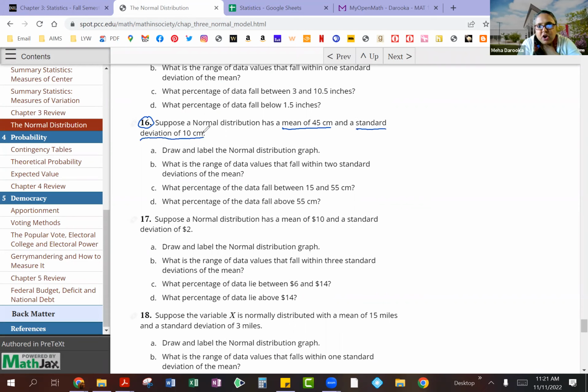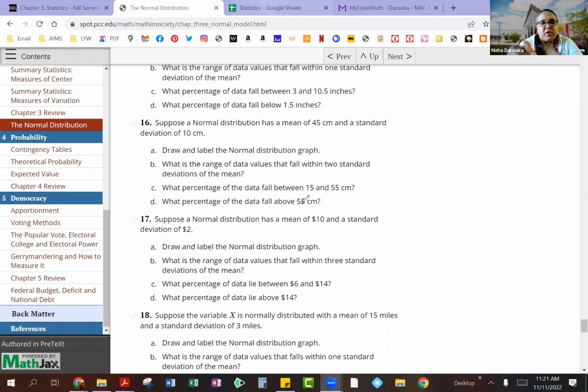They're asking us to draw and label the normal distribution graph, find the range of data values that fall within 2 standard deviations of the mean, and then find the percentage of data that falls between 15 and 55 centimeters and what percentage falls above 55 centimeters.